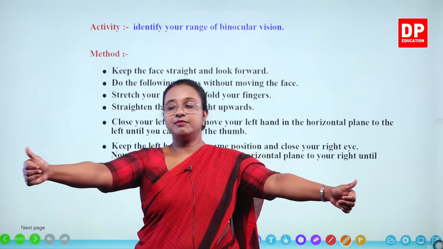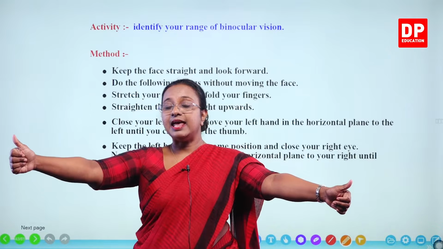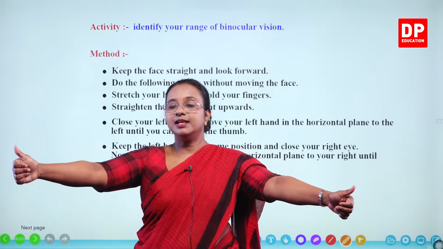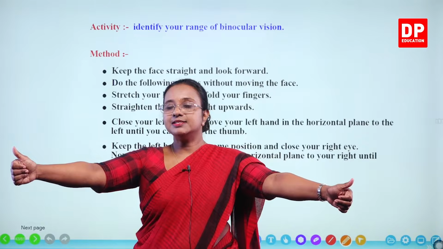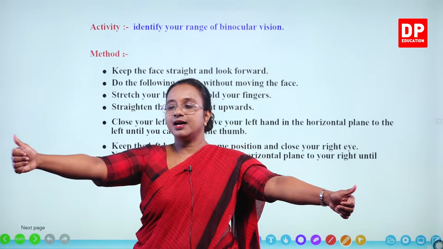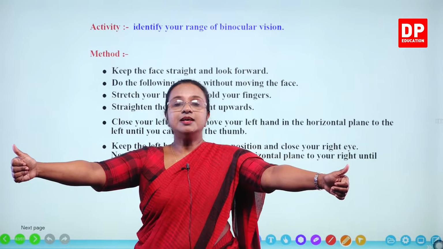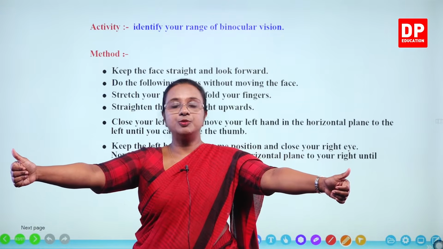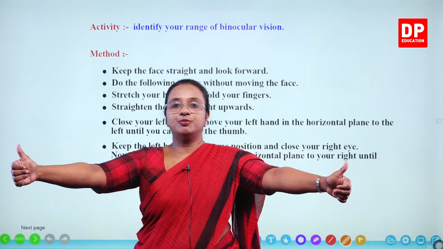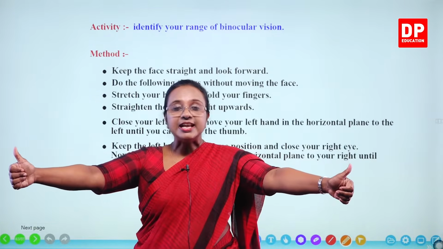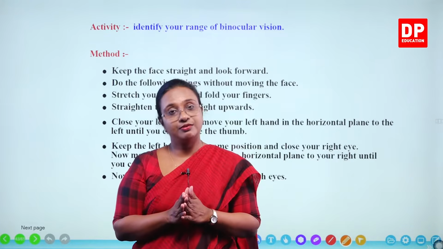So here, I have to move my right hand and look at it with my left eye until I can see it. Now, if I take it further, I can't see. So, up to here, I can see. So, this is the range. Now, when I open both my eyes, I can see both my thumbs. So, that is my binocular range.